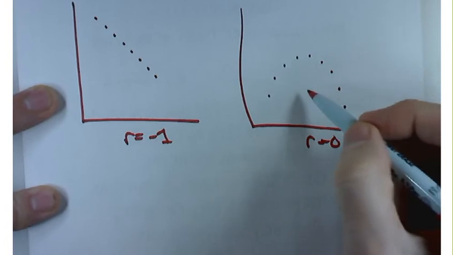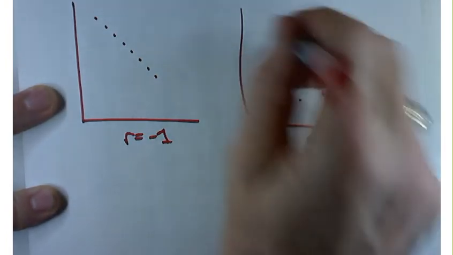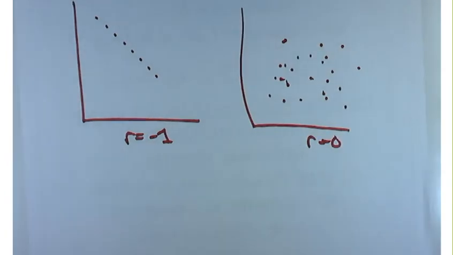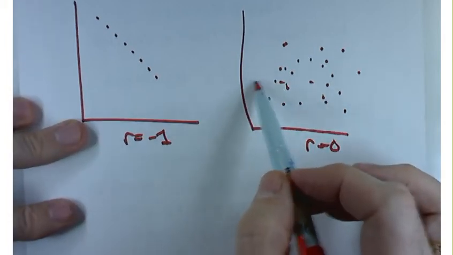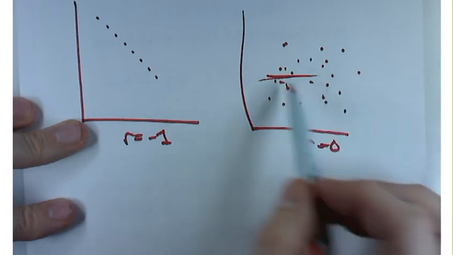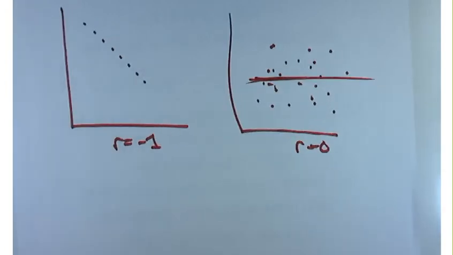R equals 0 really refers to the fact that you've got randomness. It's just a big mess. There's no linear relationship at all. If you fit a line here, it might have a slight slope like that, but for all intents and purposes, the line you should use to relate these things is just flat, because knowing something about the value of x tells you nothing about the value of y.